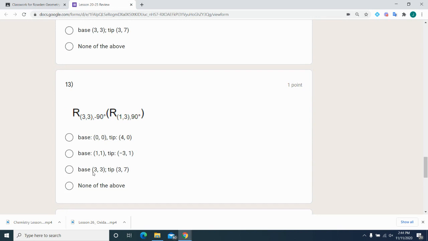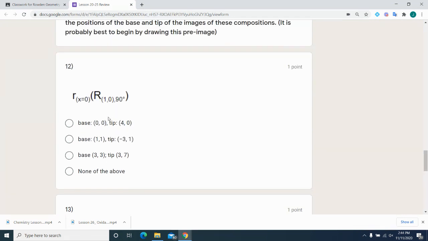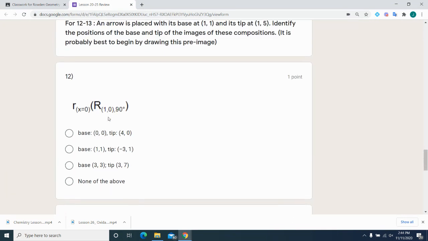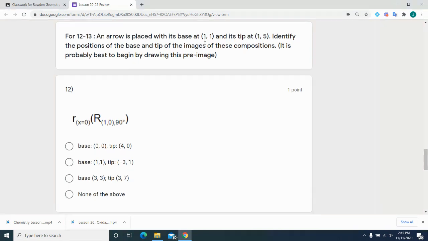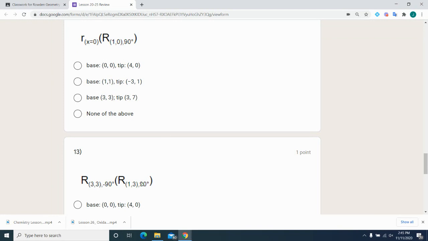So your base is going to be at 3, 3, and your tip is going to be. Let me make sure I'm doing this right. I'm drawing it as I do this. Your base is 1, 1. Your tip is at 1, 5. Okay. And you rotate 90 degrees around 1, 3, which is counterclockwise, so it points to the left.